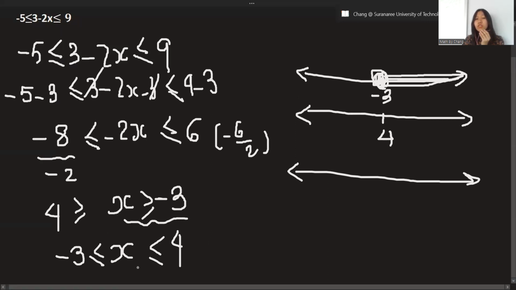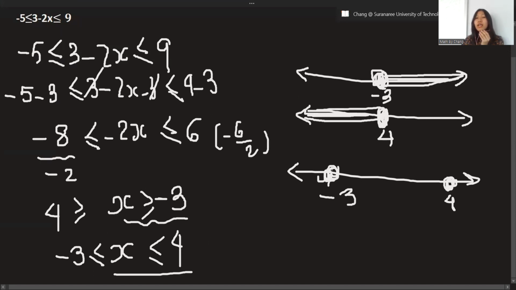But for this part, x less than or equal to 4, there is an equal sign here. Less than means the left side, so you have to shade the left side. So the value of x is within minus 3 to 4. If you combine them, the value of x is within minus 3 to 4. So here is the graph of the problem.